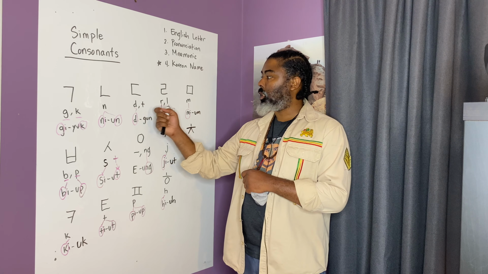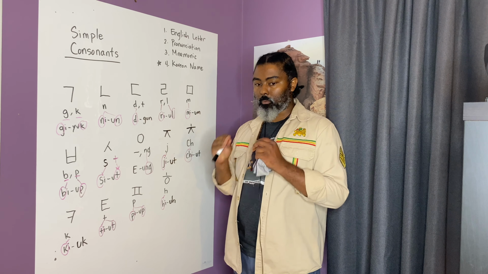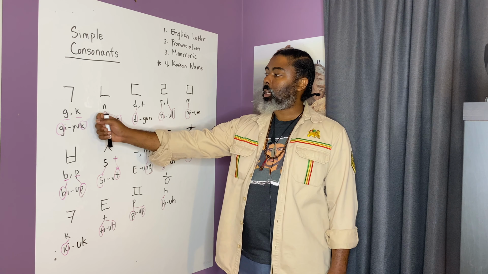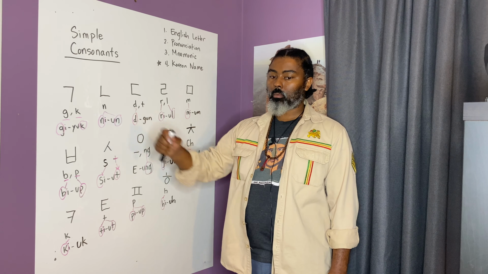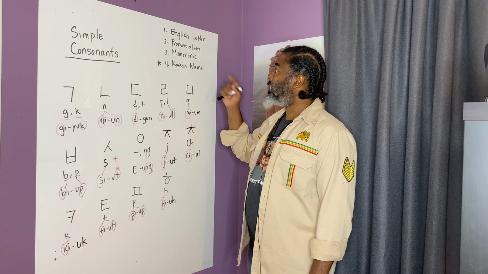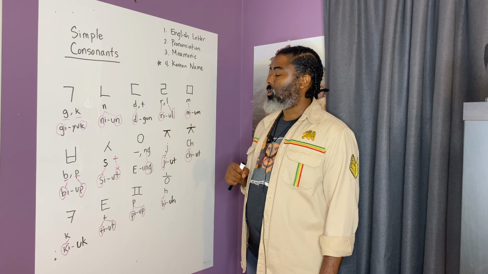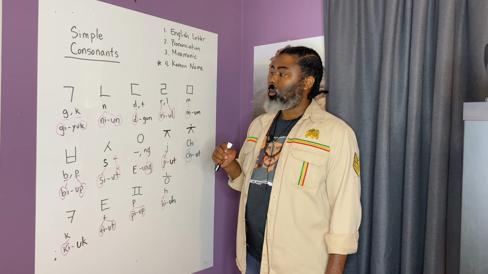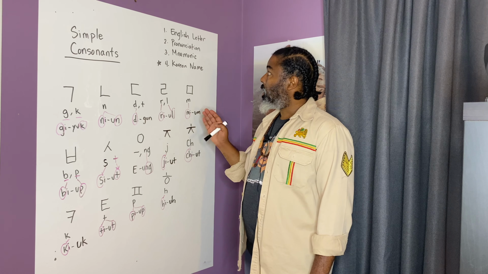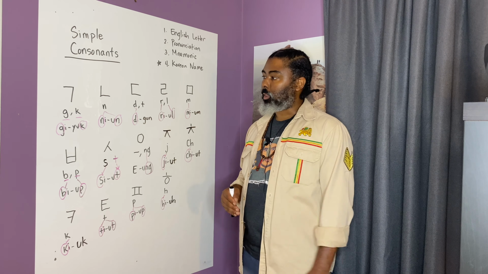N, D, R, M. So just the sound. So not G-a, but G. Got it. All right, we're going to do this one more time. Pronunciation. Randi, pronounce the Korean characters. Give us the sound that they make.